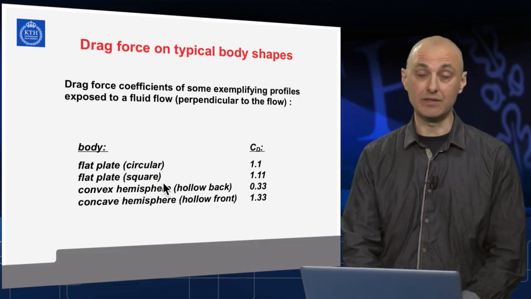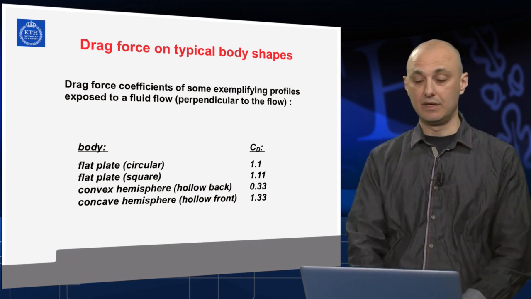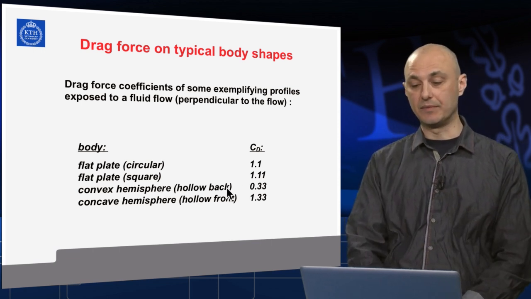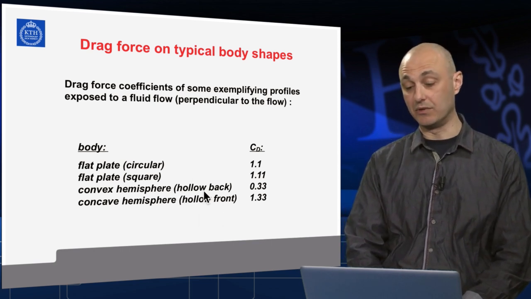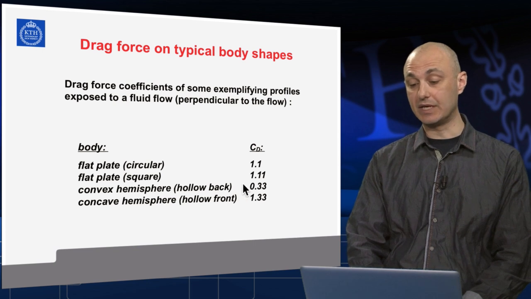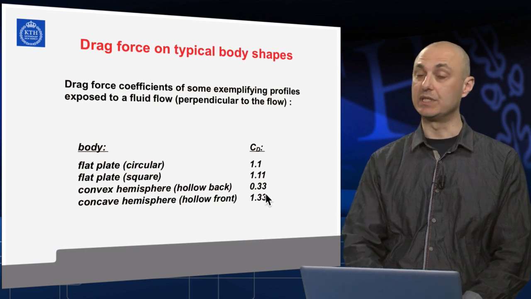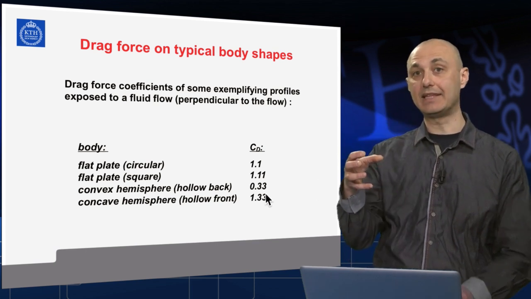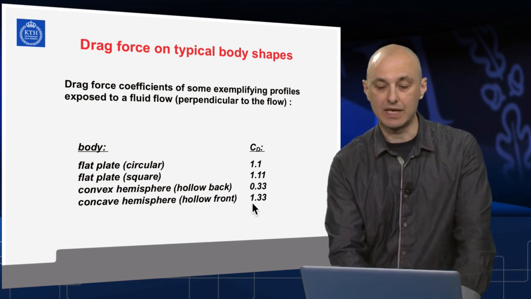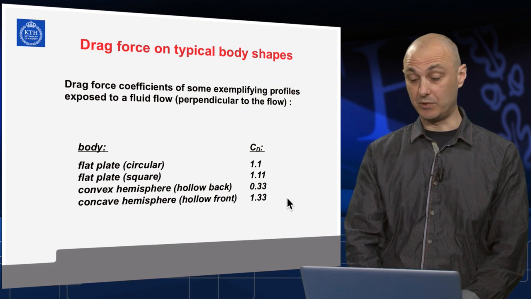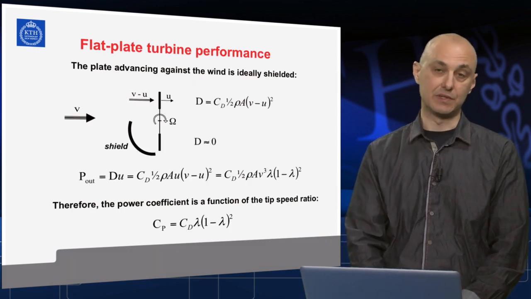If we have a typical hemisphere cut with the rounded part facing the fluid while the hollow section is backwards, the drag coefficient would be somewhat around 0.33. If we turn around the cup with the hollow part facing the fluid, the drag force coefficient would be approximately 1.33. And this is exactly what the cup anemometer is exploiting.